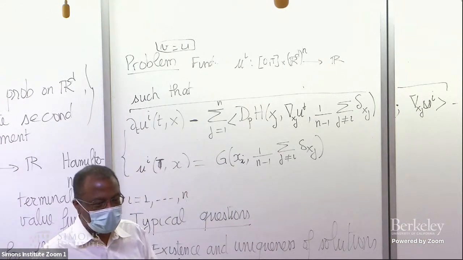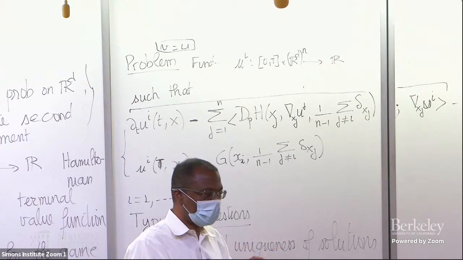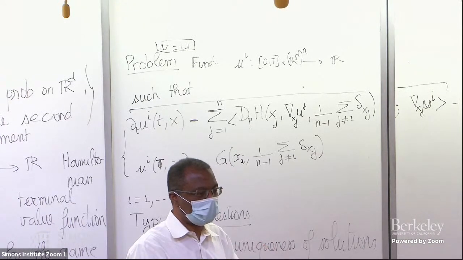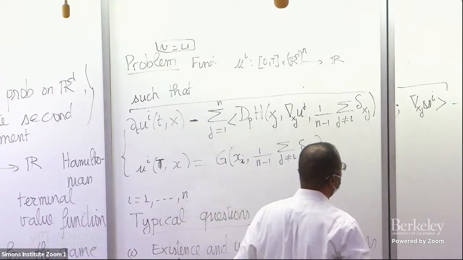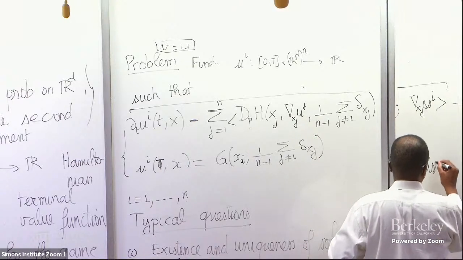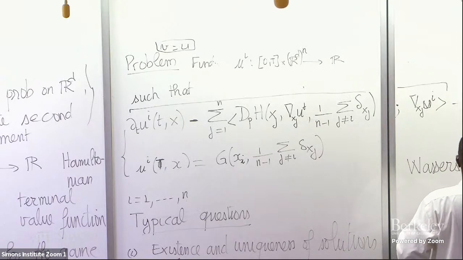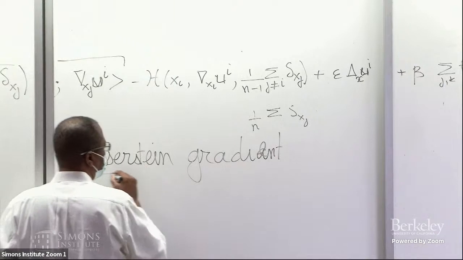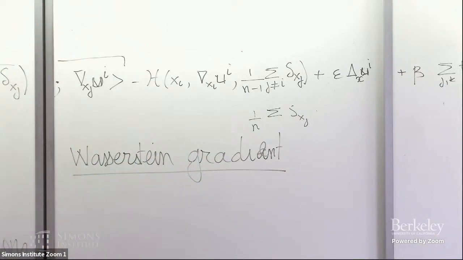The Wasserstein gradient has been defined by Ambrosio, Gigli, and Savaré, but I am going to propose a different equivalent definition, which looks quicker to give. Many people here have used the Wasserstein gradient. So this one is not different from what people have used.